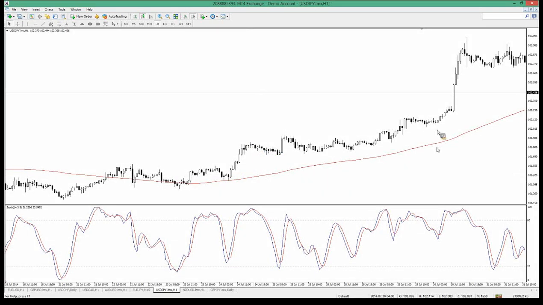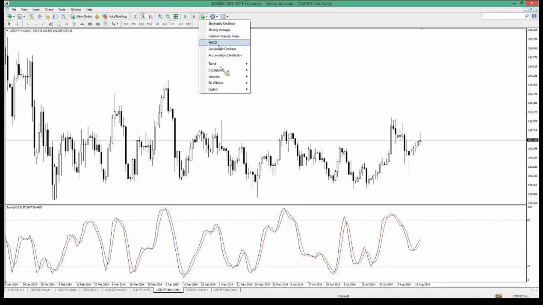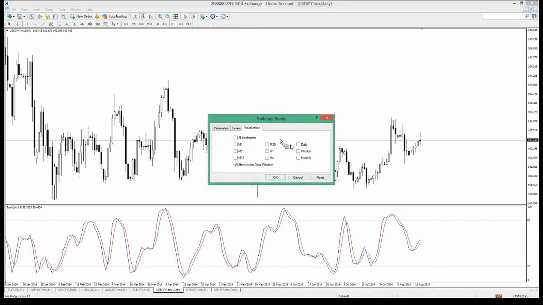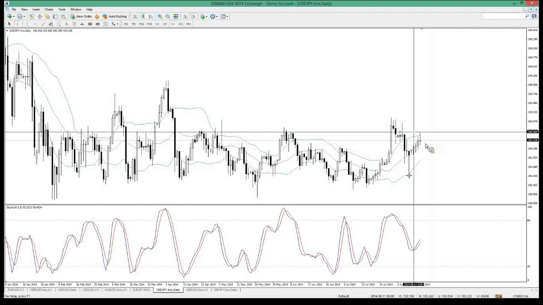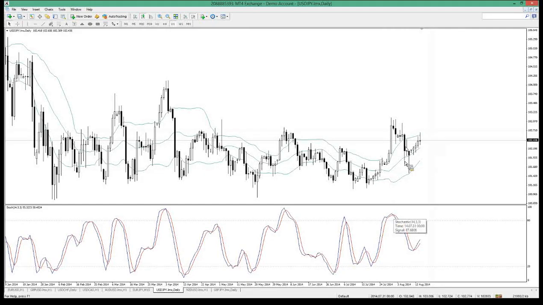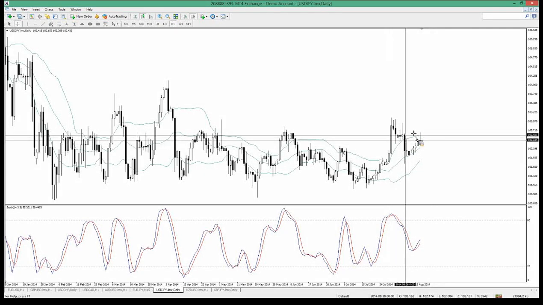So if we go and look at the daily chart, and put in trend Bollinger Bands, you'll see at the moment, obviously, we're chopping about, doing nothing.